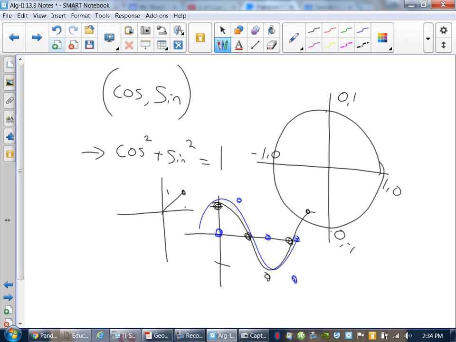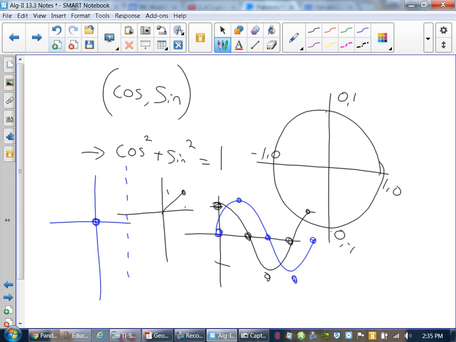Aren't these two graphs the same graph, just shifted? Yeah. Tangent: if you start with tangent, what's 0 divided by 1? 0. So a tangent graph is at 0. Here it'd be undefined at 1. Here it's back to 0.